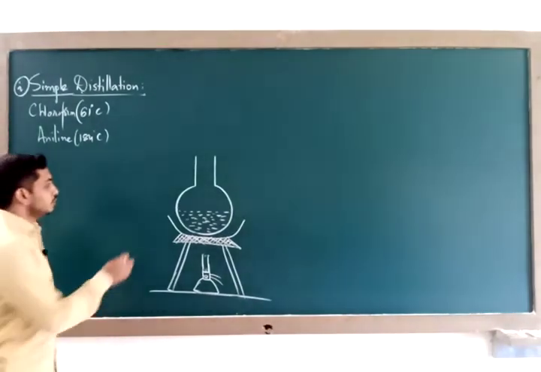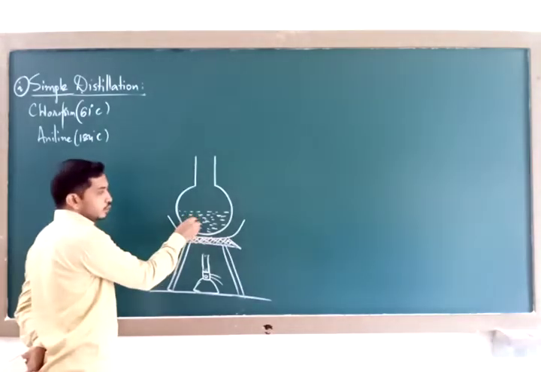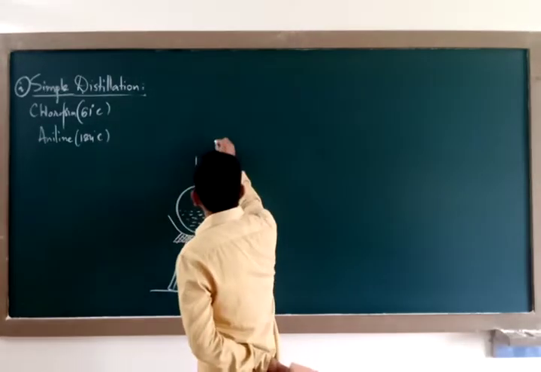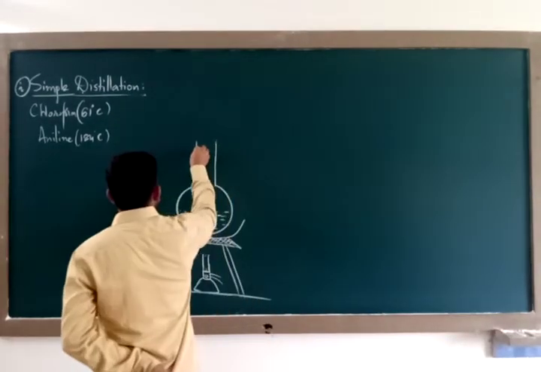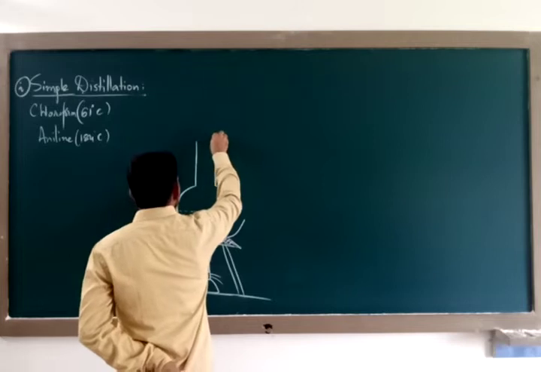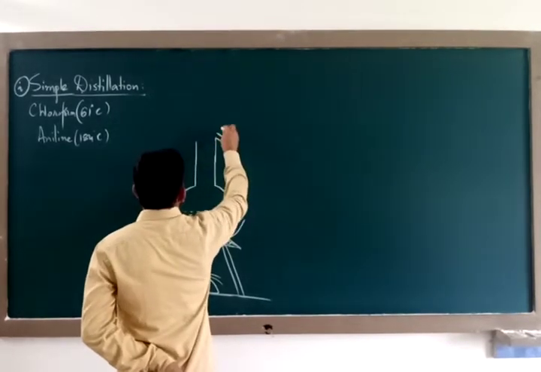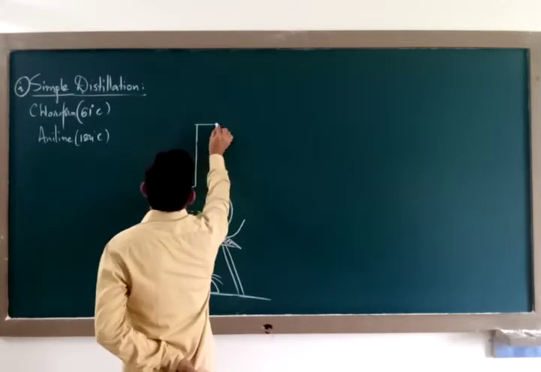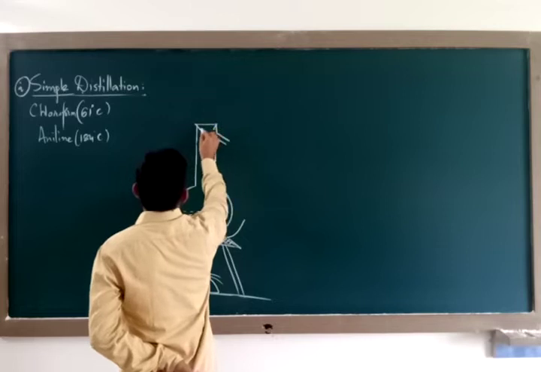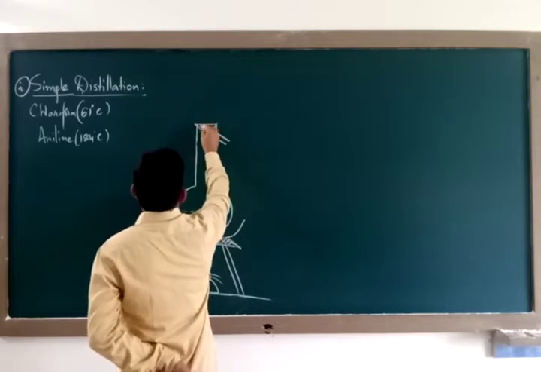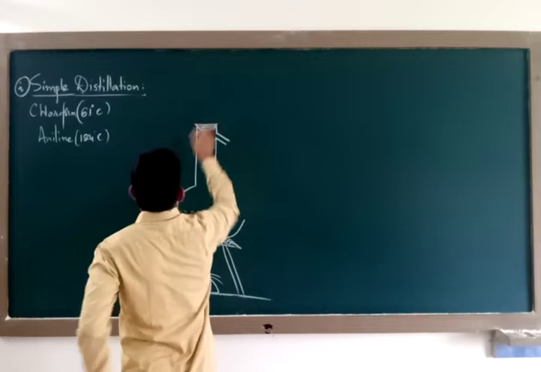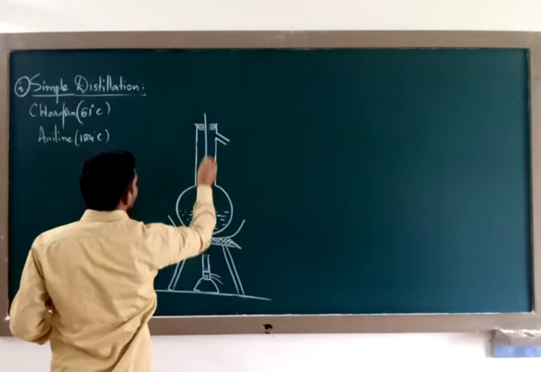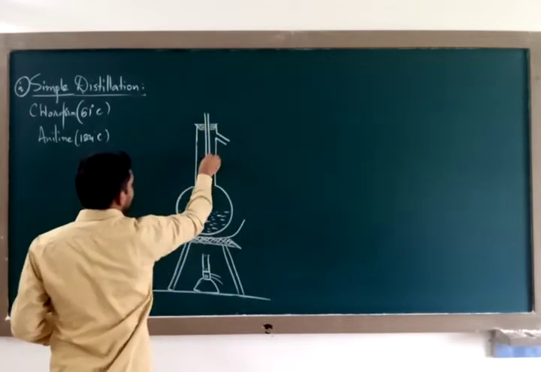You take the mixture of impure organic liquid into the round bottom flask. The neck of this round bottom flask has a side tube. Then the round bottom flask is fitted with a cork for closing, having a small gap inside for a thermometer.